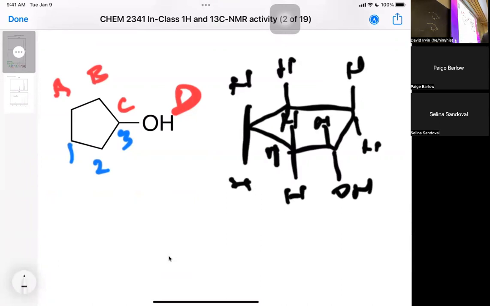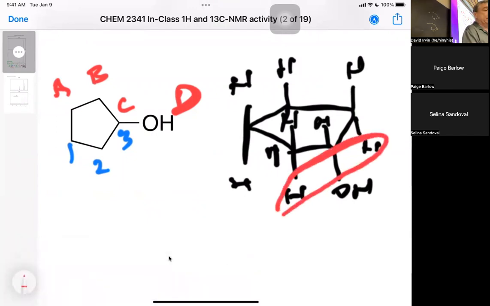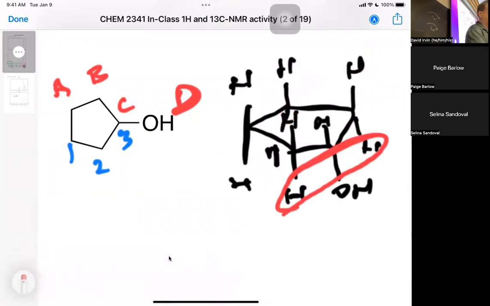How many hydrogen peaks do we have in that cyclo? These hydrogens are different than these hydrogens. So actually I should draw them in a separate color. These hydrogens.